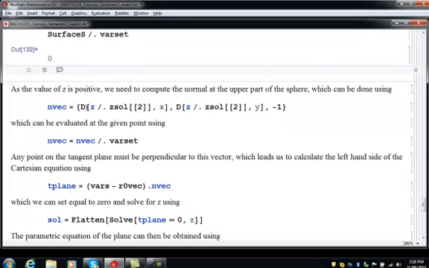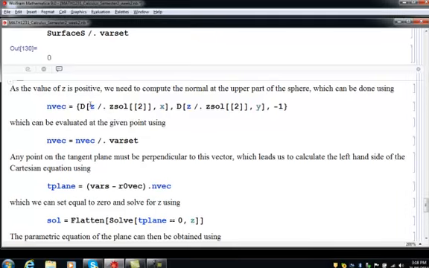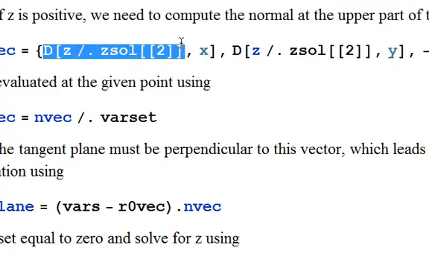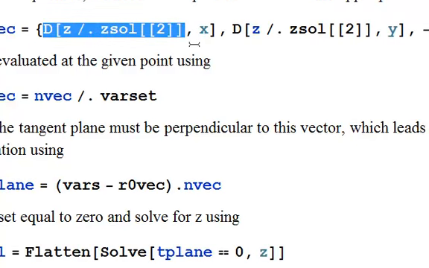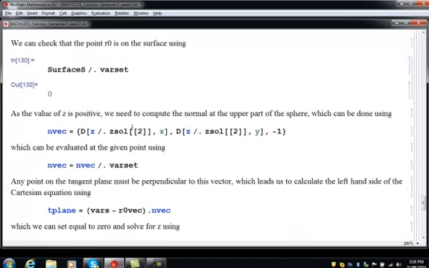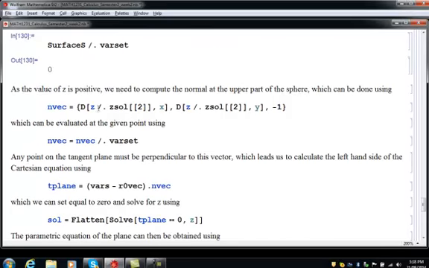So how do we calculate the components of the normal? Well, let's look at these coordinates here. We can see that the value of z is positive, so this means that we need the second solution for z.